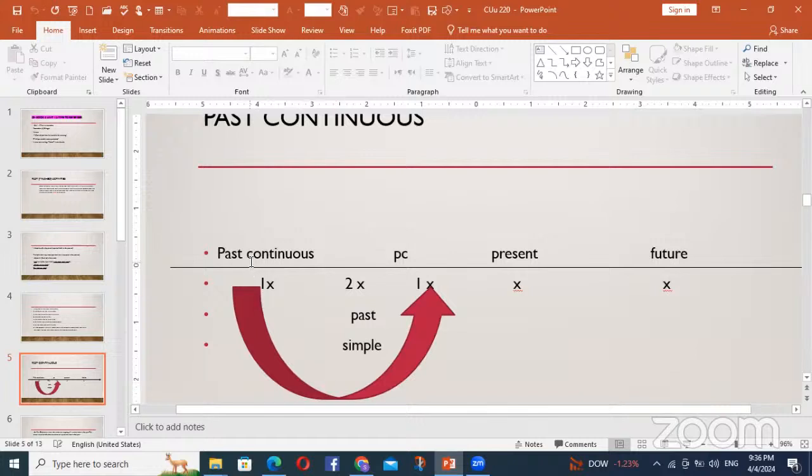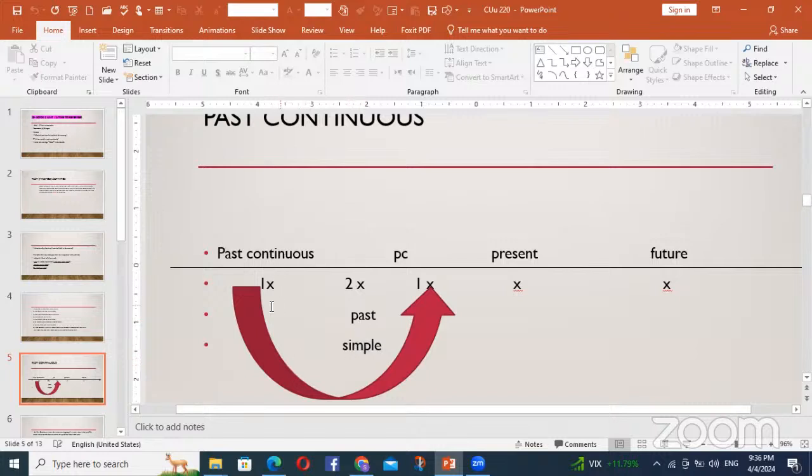The past continuous is an action that started in the past and took time. This is the time, this is the duration, this is the period of time. See this arrow? And in the middle happened another short action in the past and finished quickly. This is what we call past simple.